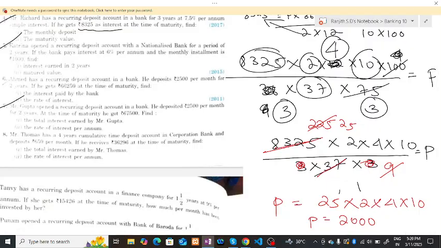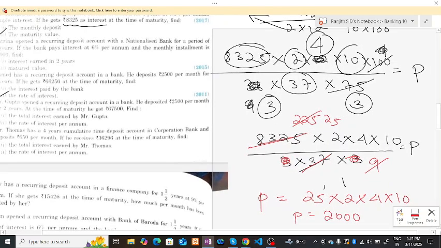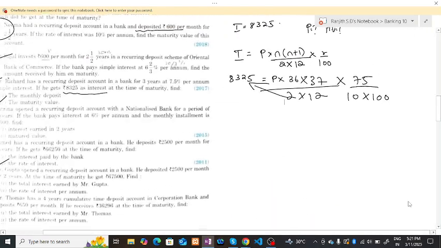Okay, 2000. Then find the principal. Sorry, principal is this. You have to find maturity value, MV. Do it like this, students. Keep P on the right hand side. Left hand side you'll solve and you can switch the values. It's the same. P is equal to 2000. I'll erase all these values.